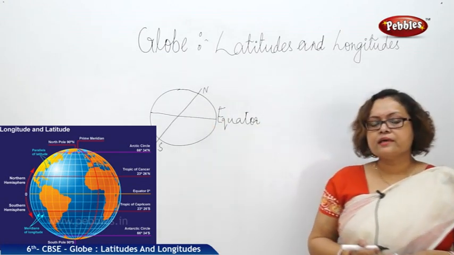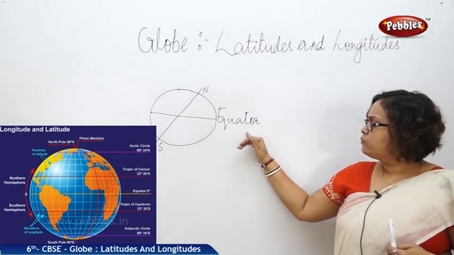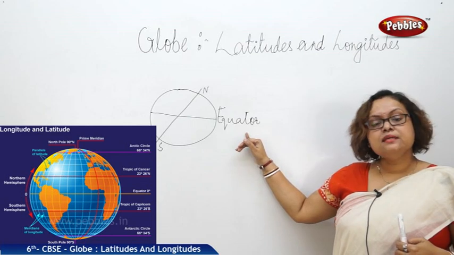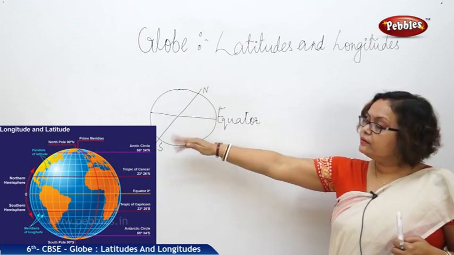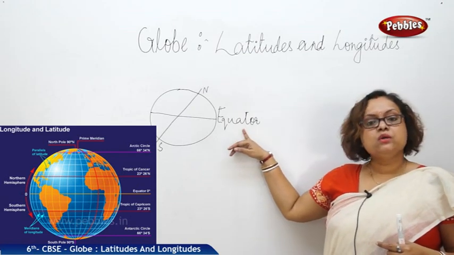This line is known as equator. What is the meaning of this name equator? Equator is the line that is dividing the Earth into two equal parts. So, it is known as equator.